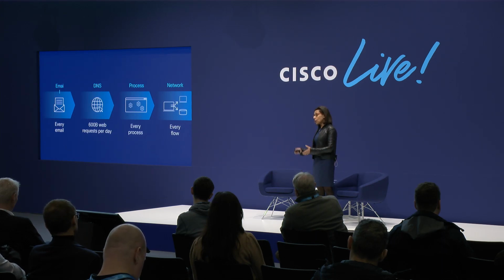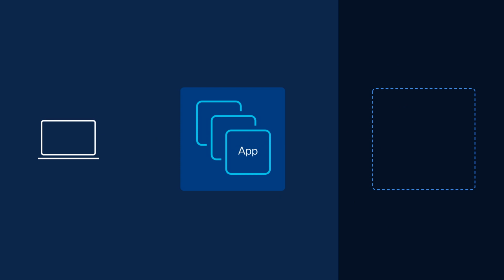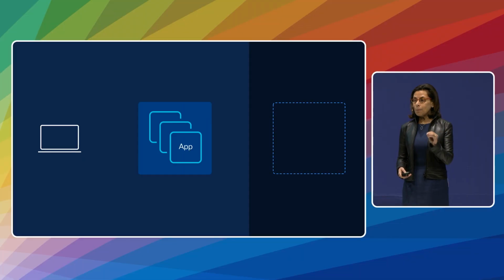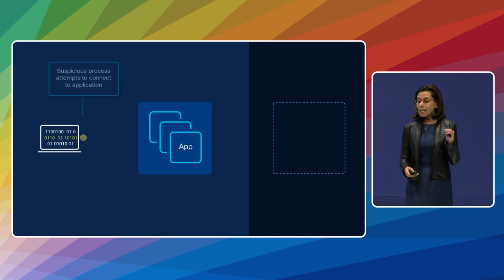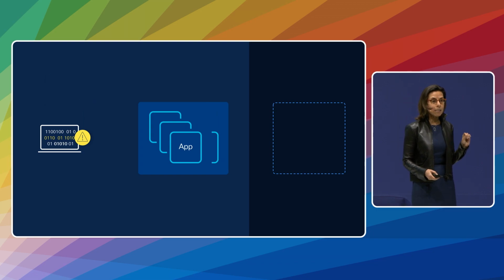But no matter what you do, no matter how hard you try, one of these attacks could actually succeed. And when that happens, we've got ransomware recovery. So what we've done with ransomware recovery is, if we see a suspicious process and we can't make a determination whether this is malware or not, we maintain your business continuity by saying, look, if this is suspicious, let's go ahead and take what we call a just-in-time snapshot.